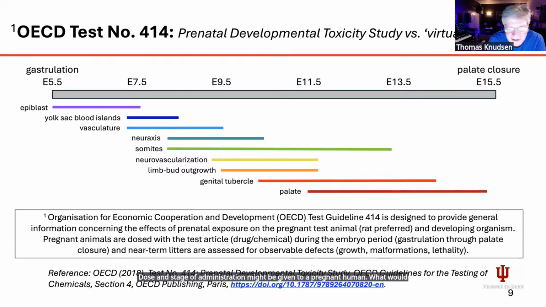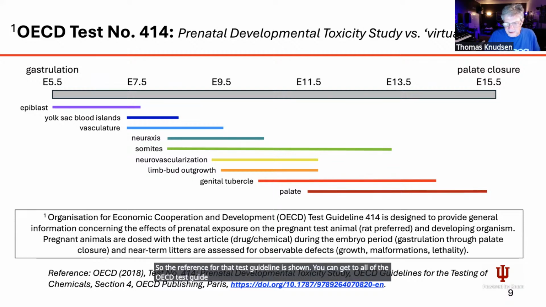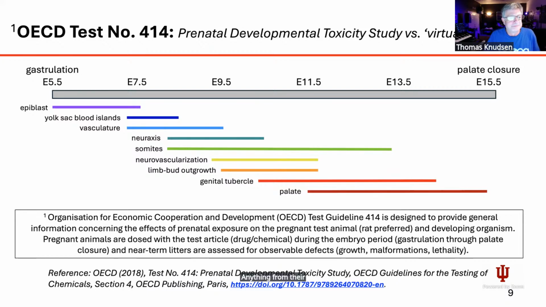What would be the risk based on an animal study? And we don't want to do the animal study. So the reference for that test guideline is shown. You can get to all of the OECD test guidelines for development, for cancer, for neurotoxicity, for pretty much anything from their website.